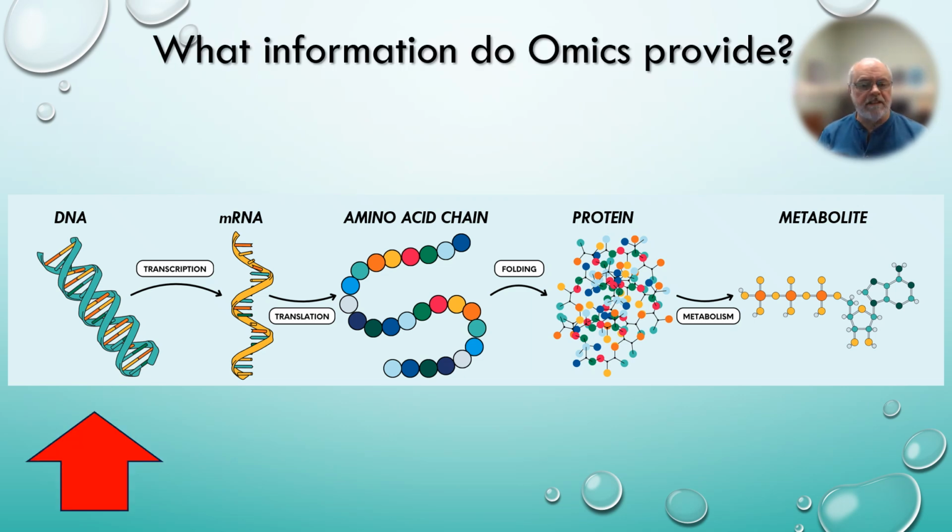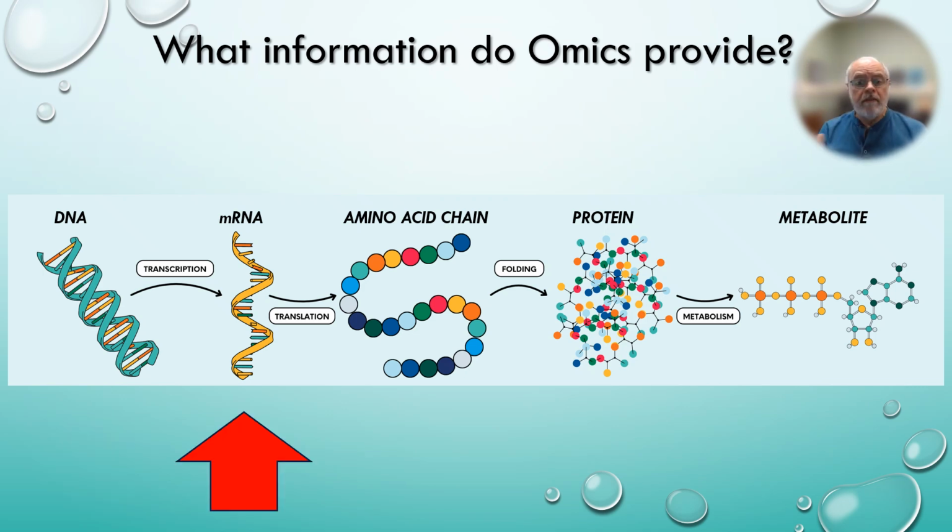So where does omics fit into this? Well, first of all, genomics is the study of the DNA sequence in an organism. And this provides information on similarities and differences in terms of the blueprint for individual fish or even populations of fish.